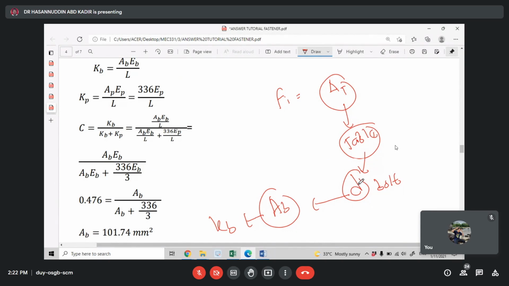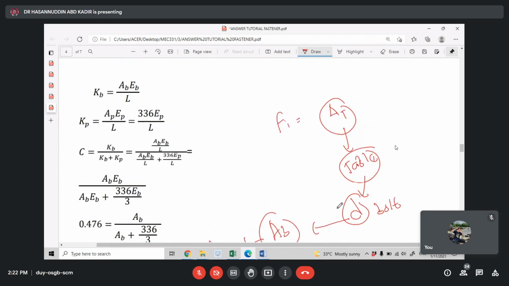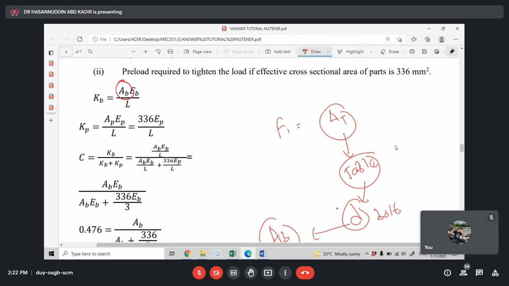So C is basically involved with the stiffness of the bolt, the value of AB on the bolt. The value you get here gives you an idea to get D. So from D here you can find the AT. From the AT we can go for the Fi.